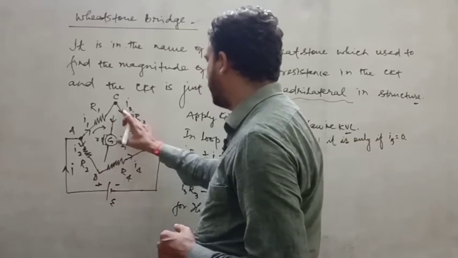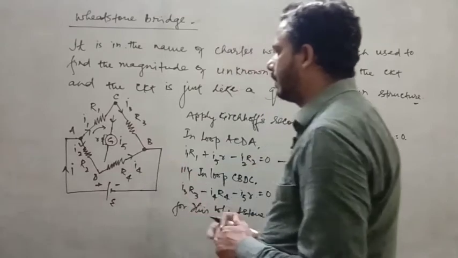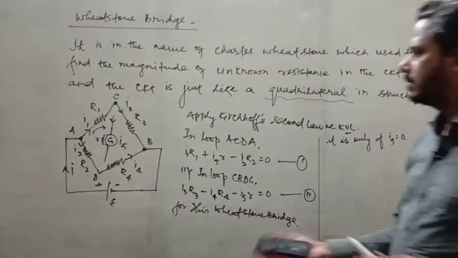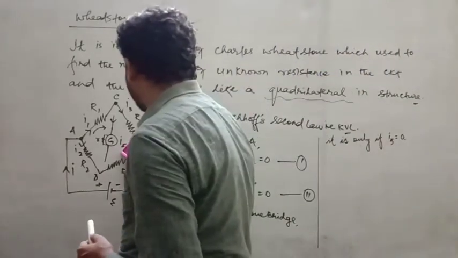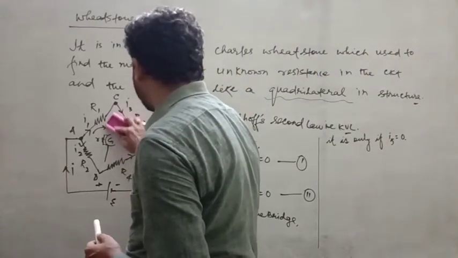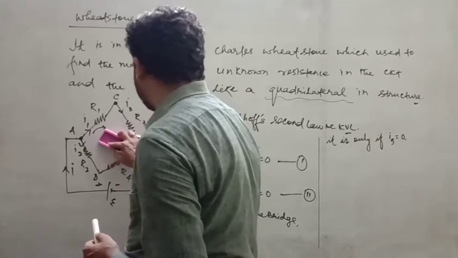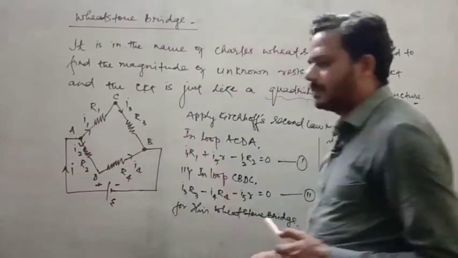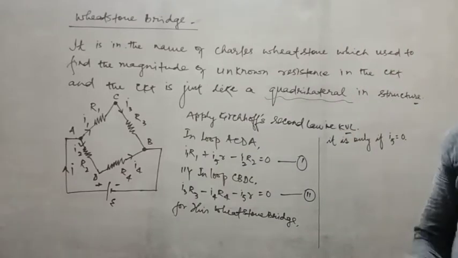So here you get this section only. I am going to remove this section, because I5 is equal to 0, that means current is not flowing through it. So it looks like that, and this one is your Wheatstone bridge accordingly.